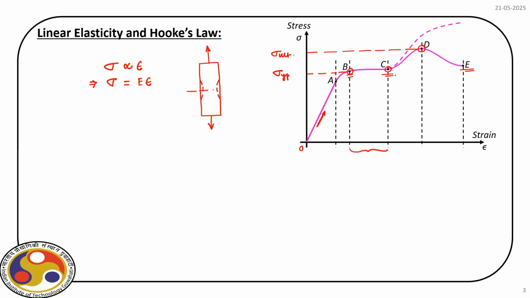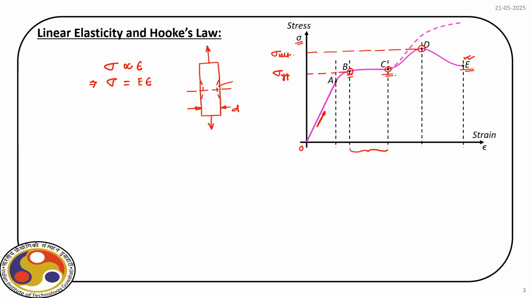This is the plane along which the material fails, it breaks there when we reach the point E. But along this curve, the stress that we calculate here, the sigma, is based on the original diameter of the material, which beyond the point C reduces, and that is denoted by this dotted line.